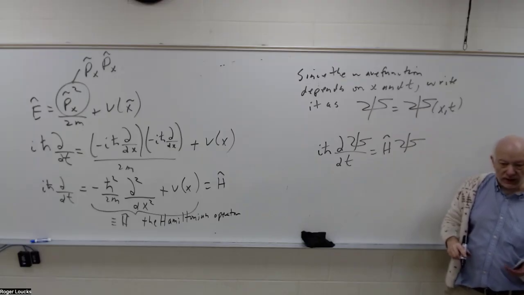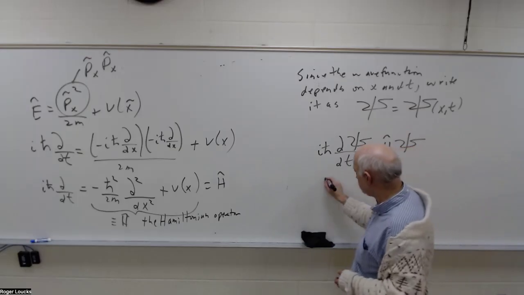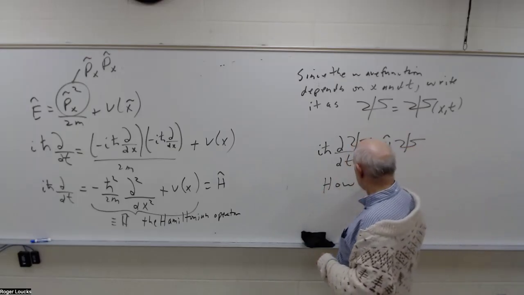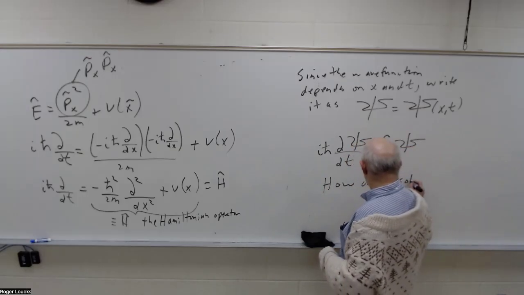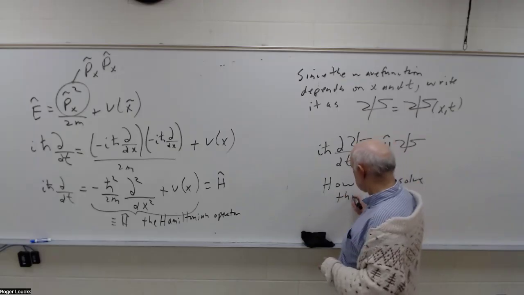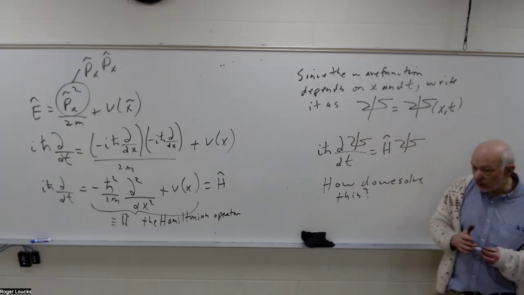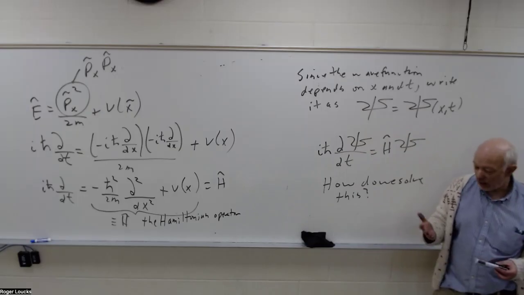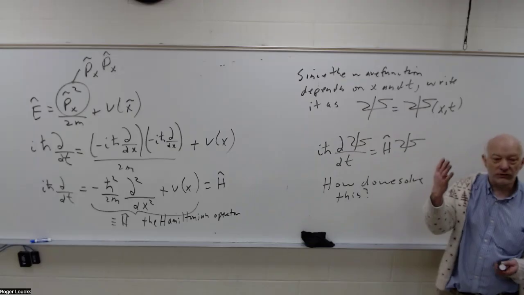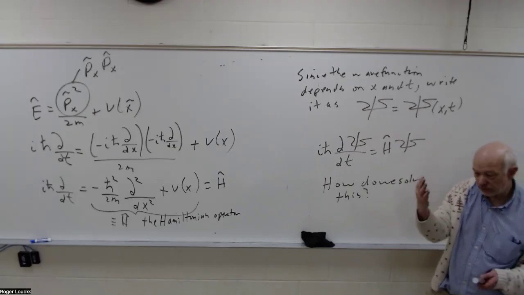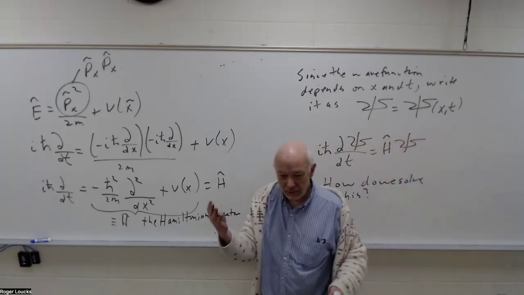Now, the question is, how do we solve this? For most of you, this will probably be the first time you've seen this technique. I always tell my students there are four most important techniques in mathematics and physics.